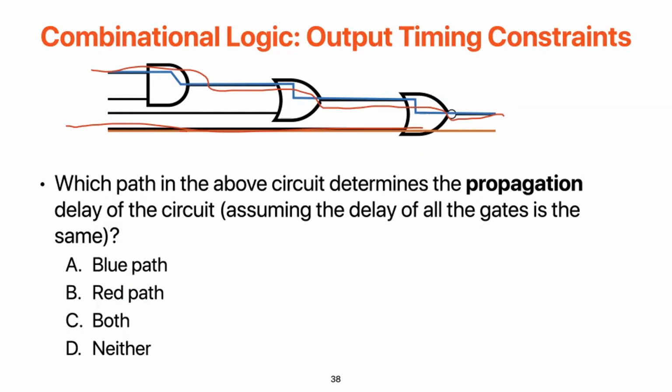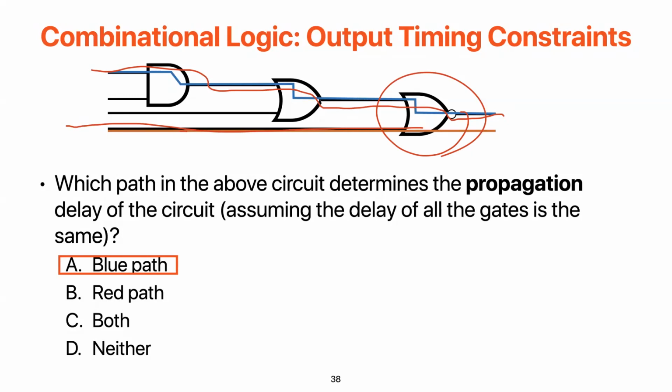So this is the time once both of them arrive, plus the gate delay here, that's the final time that the output is not changing anymore. So the blue path would be the propagation delay of the circuit. On the other hand, the longest delay of the circuit is the propagation delay. The shortest delay of the circuit is the contamination delay.